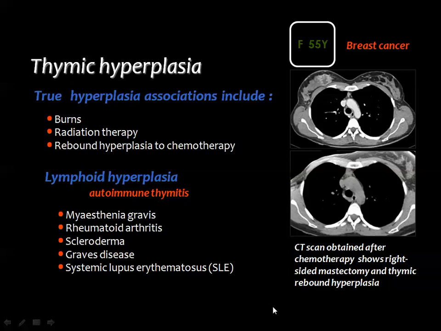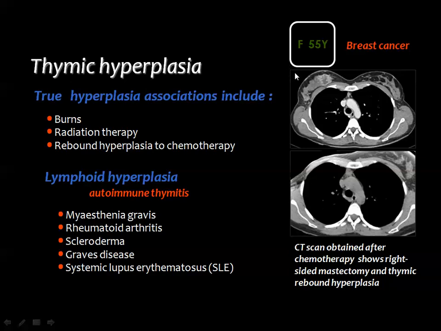True thymic hyperplasia is associated usually with burns, radiation therapy, or rebound hyperplasia in relation to chemotherapy. Lymphoid hyperplasia, or what is known as autoimmune thymitis, may be seen in cases of myasthenia gravis, rheumatoid arthritis, scleroderma, Graves' disease, and systemic lupus.